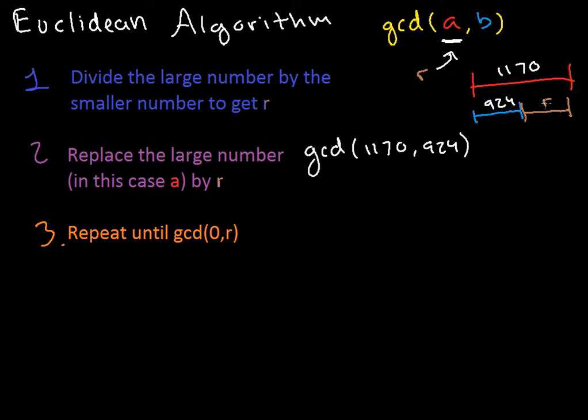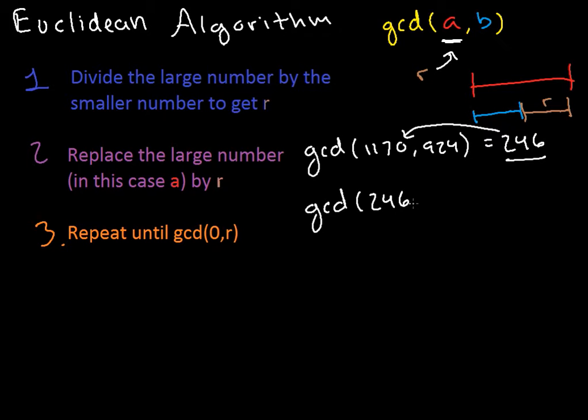And that is 246. So then you take 246 and you plug it in to replace the larger of the two. So this now becomes the greatest common denominator between 246 and 924.